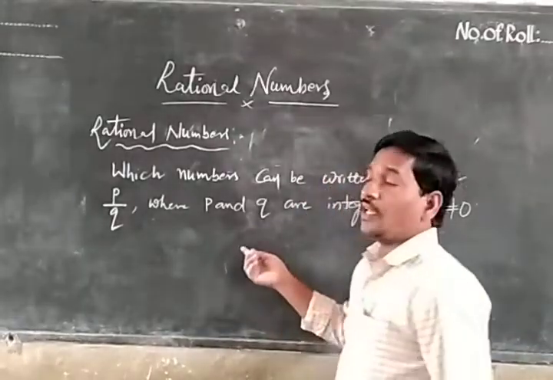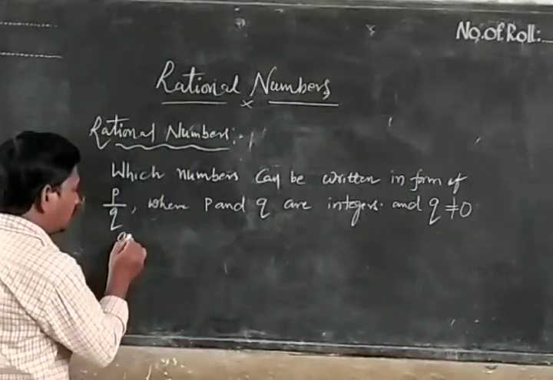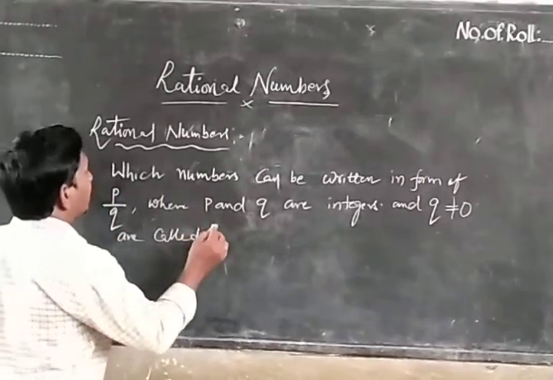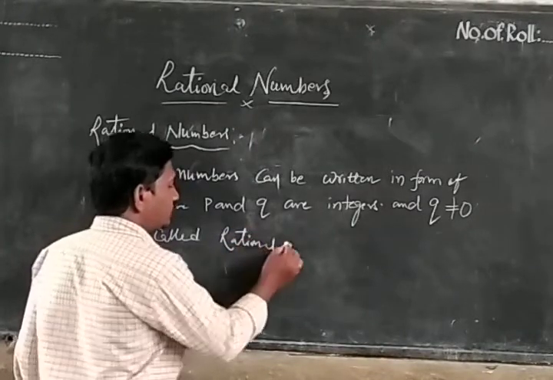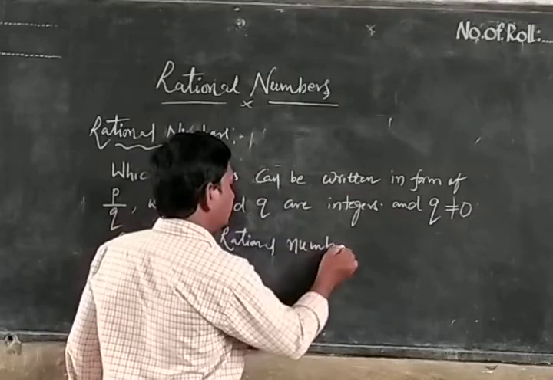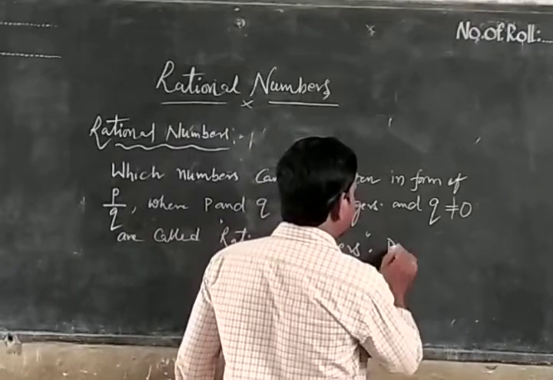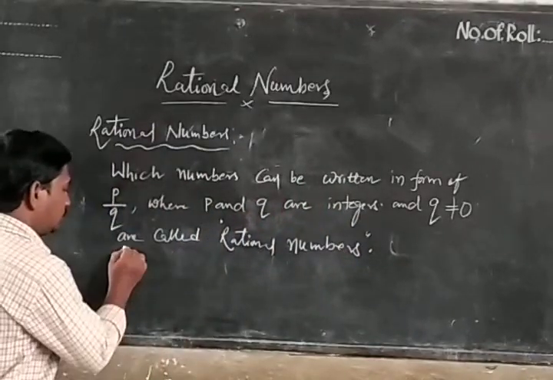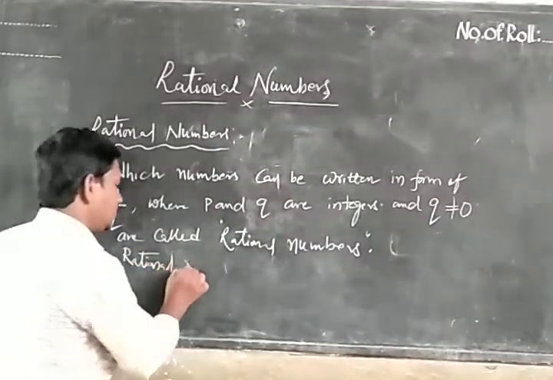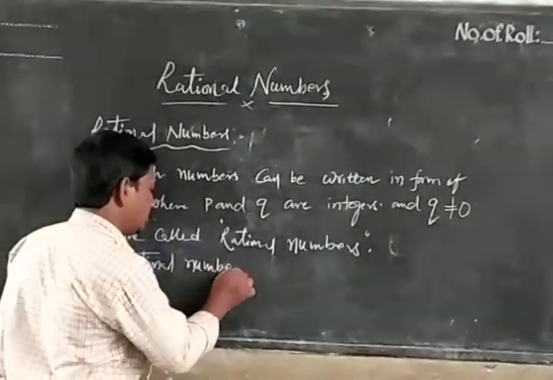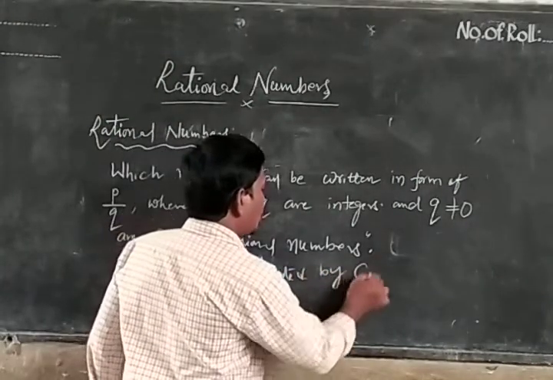Which numbers can be written in the form of P by Q are called rational numbers, and denoted by Q.